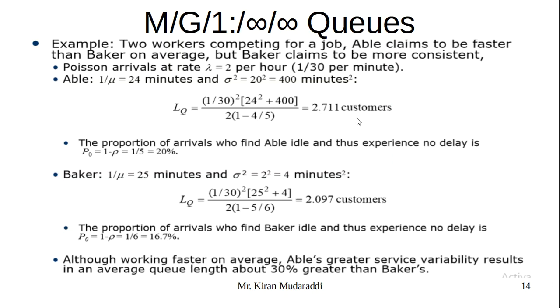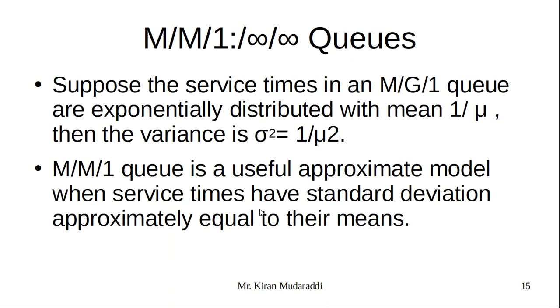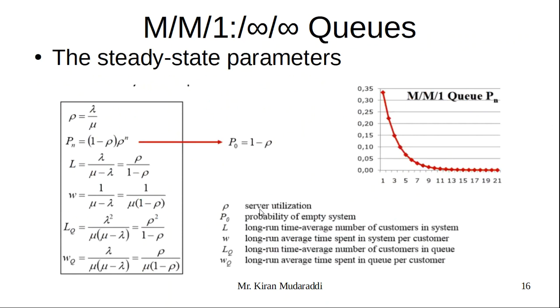So this is 2.71 customers, that is 20 divided by 24, that is nothing but 4 divided by 5. Similarly it is calculated in this way, WQ, and M/M/1 queues.